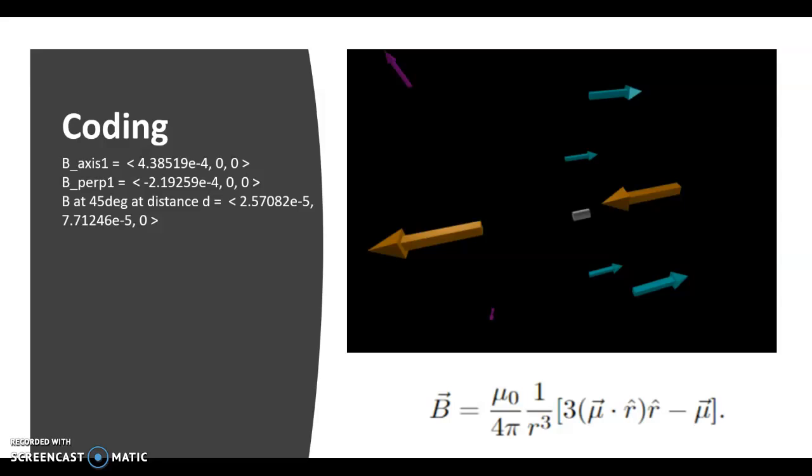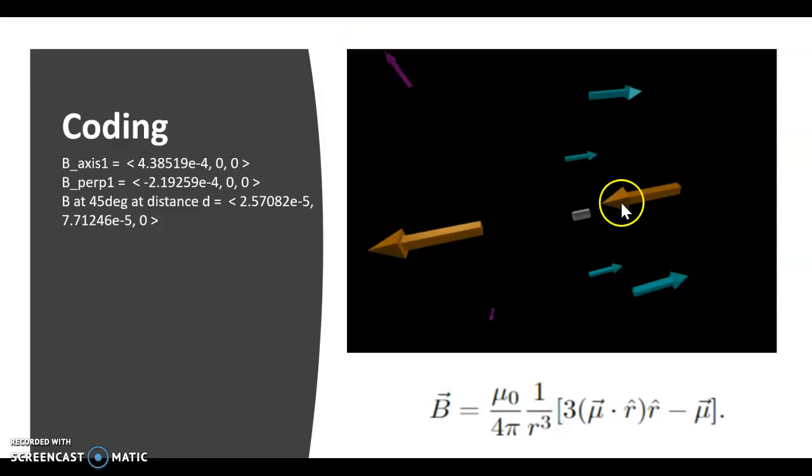So for the coding portion of this lab, we created a model of this small cylindrical magnet and its field. So we had arrows on the axis of the magnet, perpendicular to the axis, and then at a 45 degree angle from it.